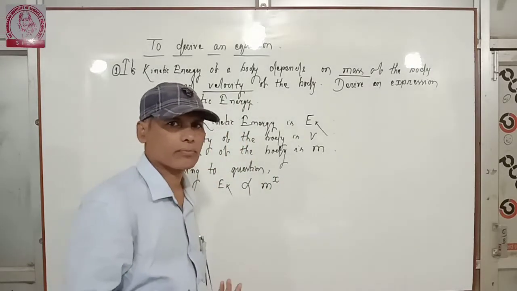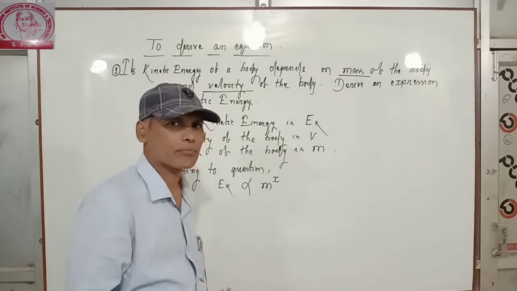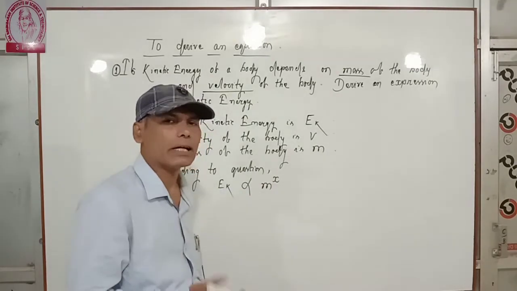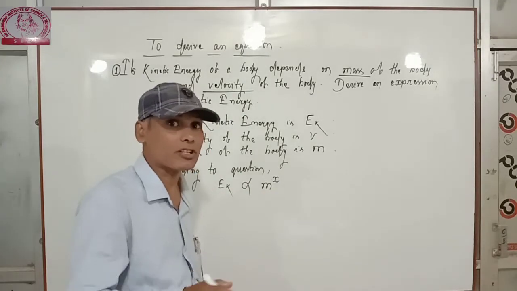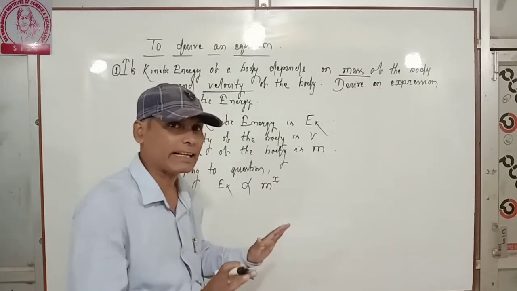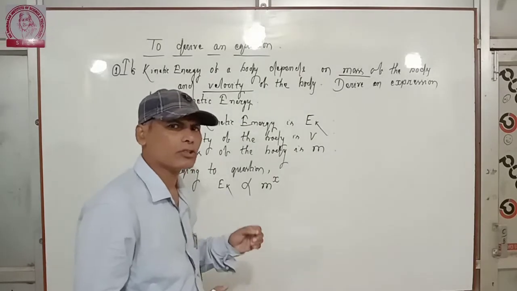X represents, if it is the square of the mass, then it is 2. If it is the cube of the mass, then it is 3. If it is the inverse of mass, then it is -1. So x will be decided later on. But we do not know.